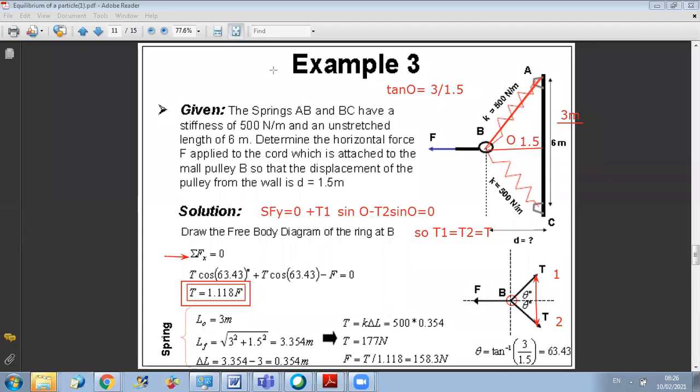So from Pythagoras I can find L final, and knowing L0, delta L is simply L final minus L0. Once I find delta L, I multiply by the stiffness, which is given, to get the tension in Newtons. Once I find T, I replace it back in this equation and calculate the value of F.